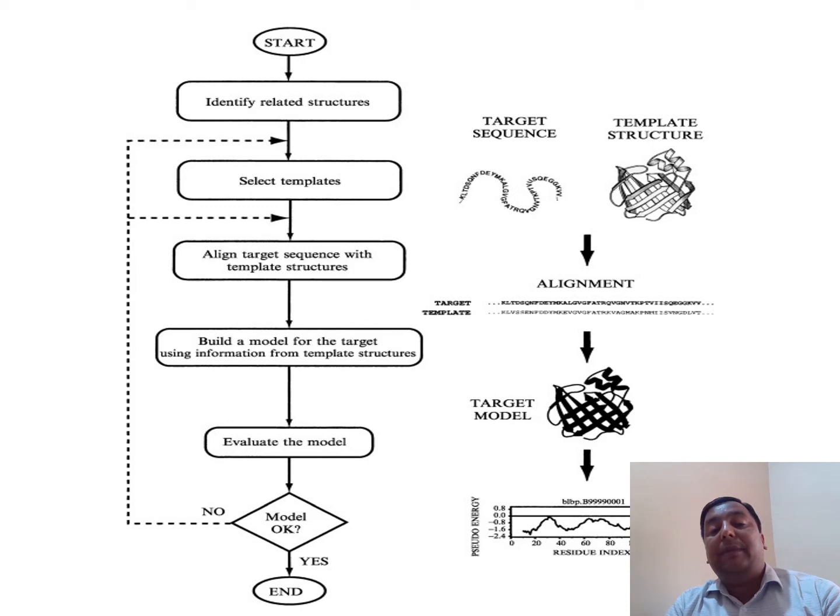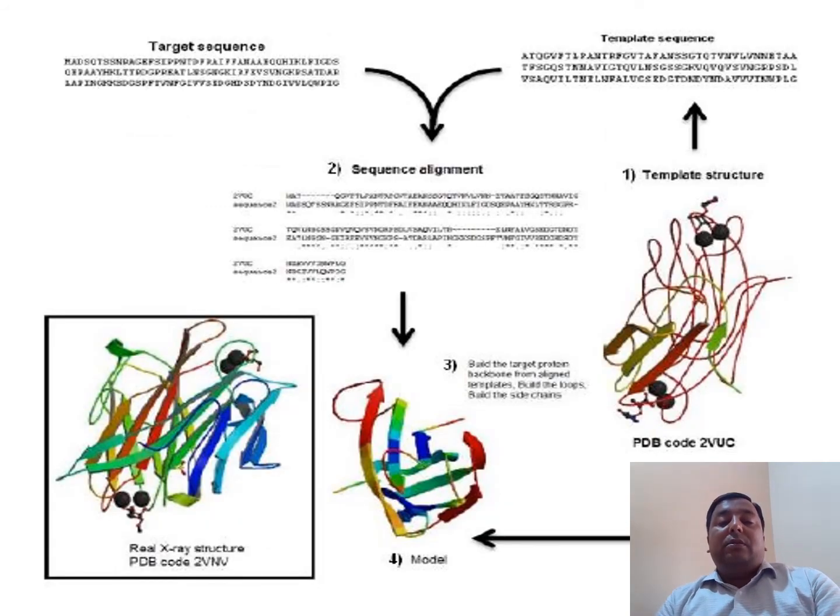So similar things are there: target sequence, template sequence, alignment, target model, and then validate the models by different servers, different server tools, algorithms, and many methods which we will be discussing after generating the 3D structures. So overall, you have a target sequence, you have a template sequence, you have aligned these sequences with the help of tools and database structures, right?